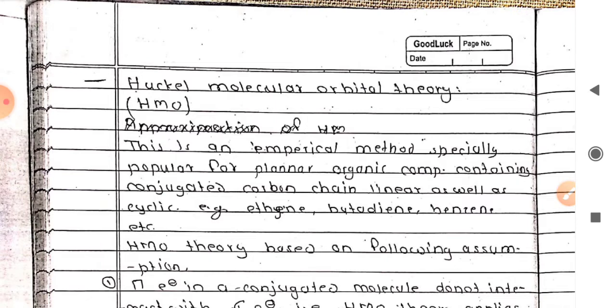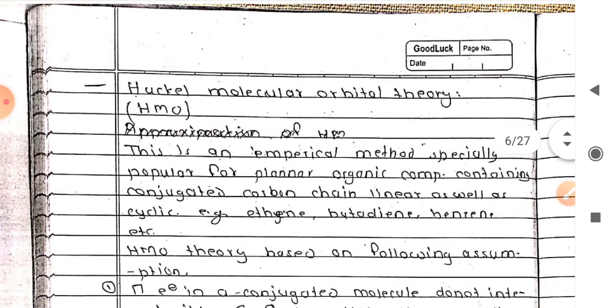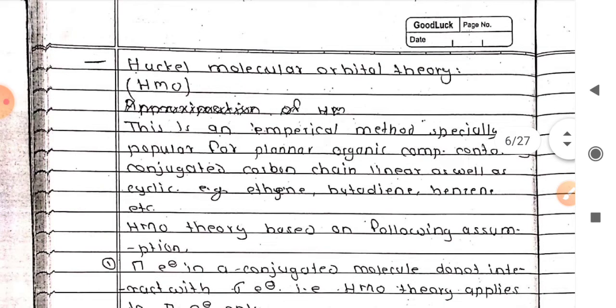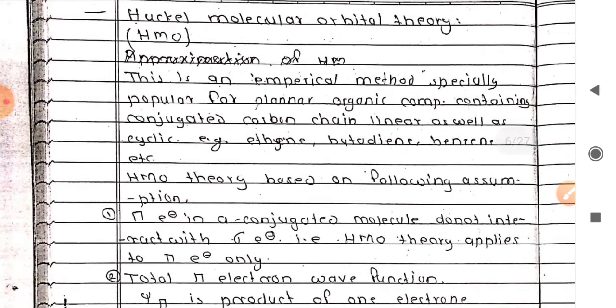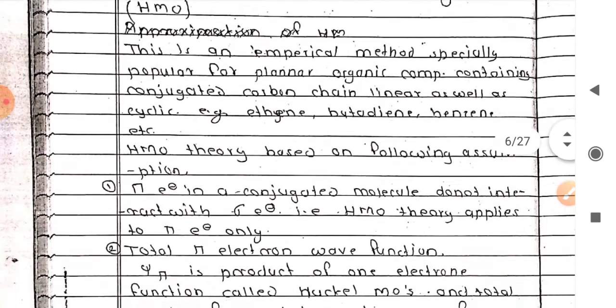Okay, so for obtaining the wave functions for all these systems, the Huckel molecular orbital theory has assumed certain approximations. So this theory has certain assumptions. What are those assumptions? We will see them one by one.